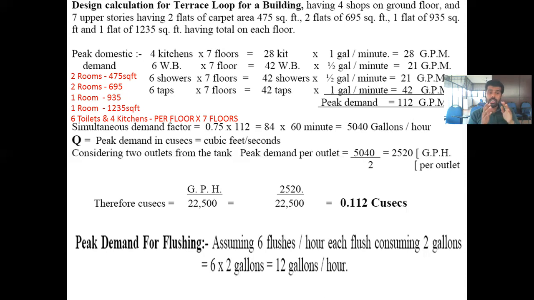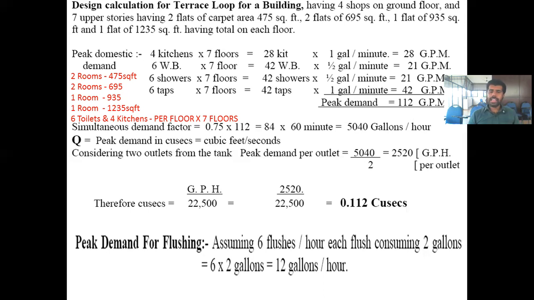Now we are focusing on peak demand for flushing. Okay, so it is said that assuming 6 flushes per hour, so we have to flush it, right? So we are assuming that in 1 hour, we will use 6 flushes. Okay, 6 flushing is being done in 1 hour.